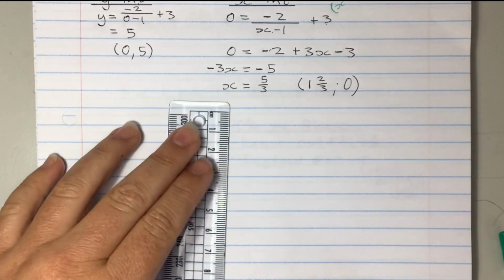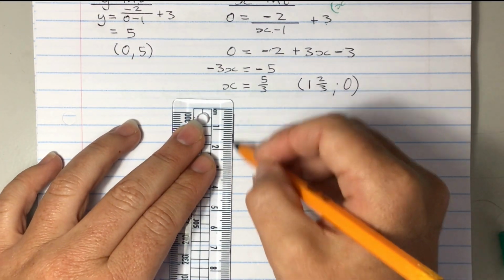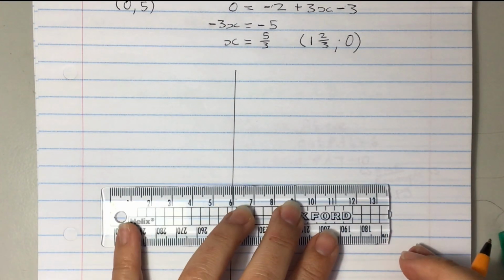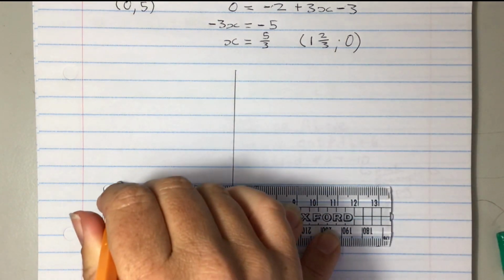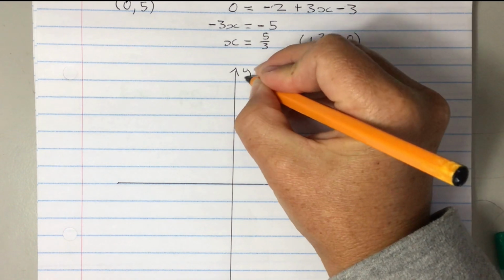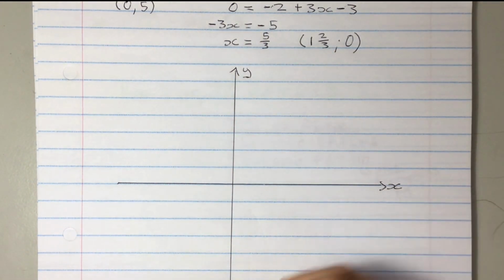So I'm going to start with a big set of axes again, unlike last time where I had to squish everything in. You can see why squishing things in can be problematic. And so there's my y-axis, x-axis.